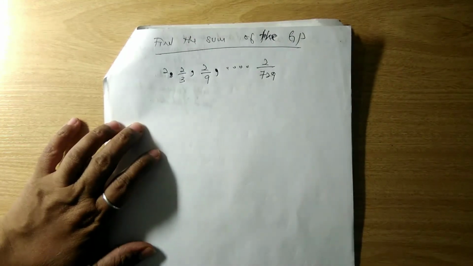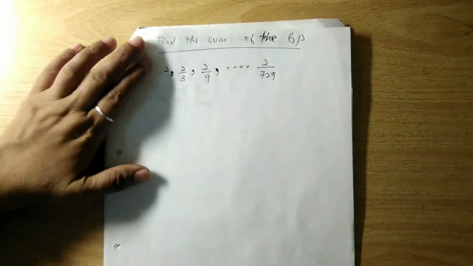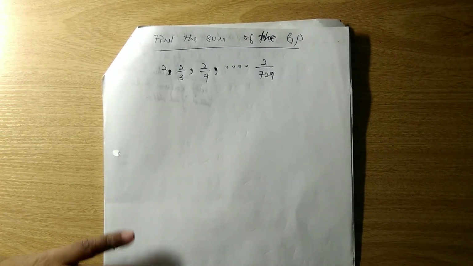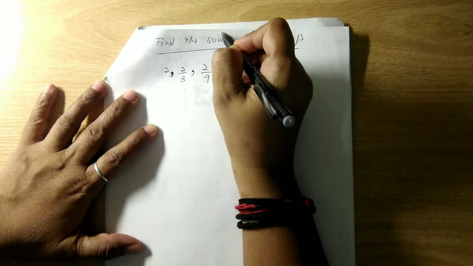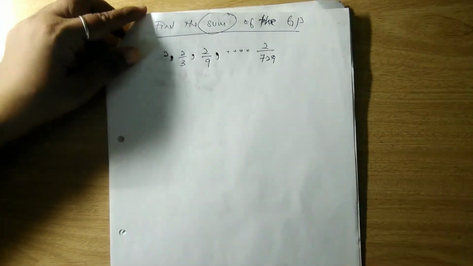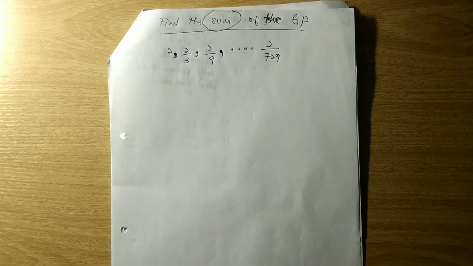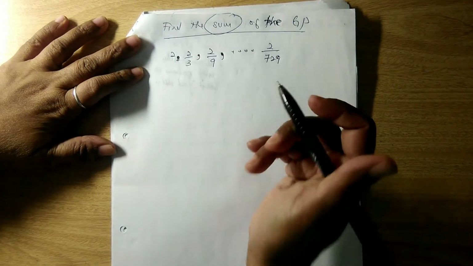Here they want to find the sum of the progression. This is all that's given to us. As we saw just now, sum has got 2 formulas: one is when r is greater than 1, one is when r is less than 1. So first we check what's your a.